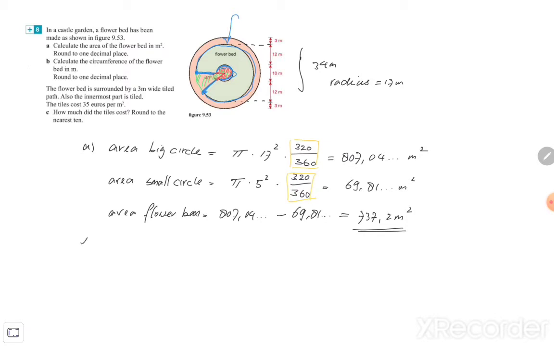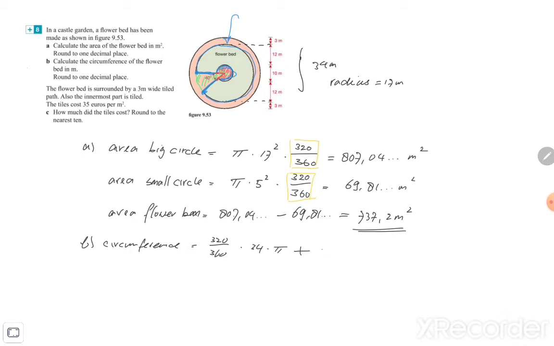So exercise B, the circumference. That's again 320 over 360, multiplying with the diameter of the big circle, so that was 34 times pi. Then we can add the width of the flower bed.